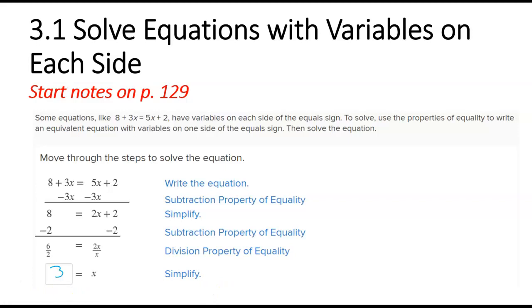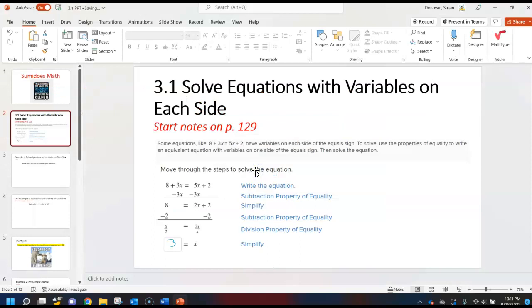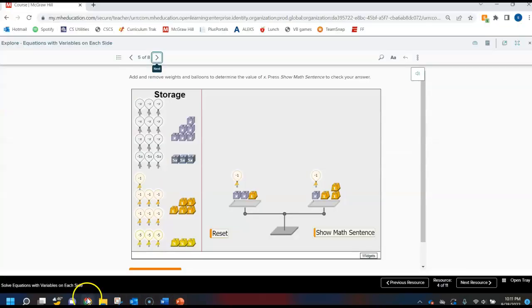But before we get into this, I want to show kind of what equations look like. You can think of an equation as a balance scale, right? If two sides are equal, that means they're balanced. That means they weigh the same.